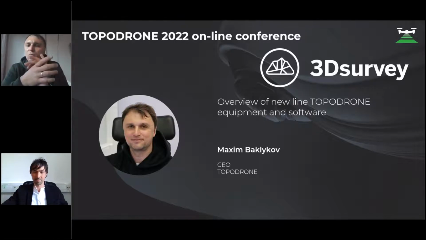As I can see from our survey before this webinar, the major number of people are using LiDAR technology or drone technology for surveying. And you know, when you make a survey, usually you need to prepare data for future construction. You need to prepare data even in vegetation. And of course, in this case, the combination of LiDAR technology and photogrammetric technology provides you the best results.